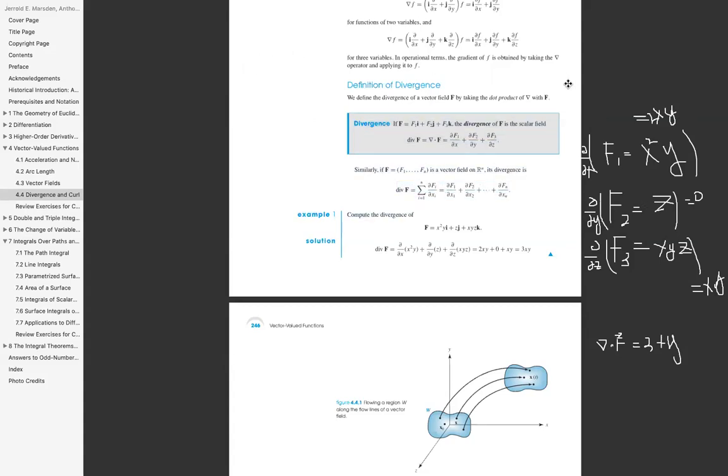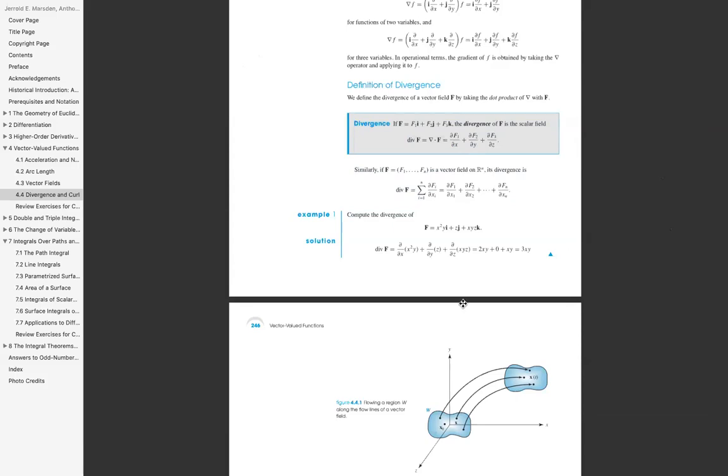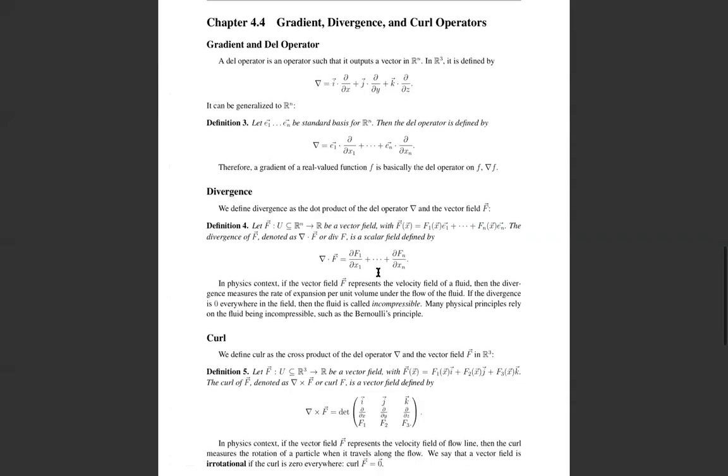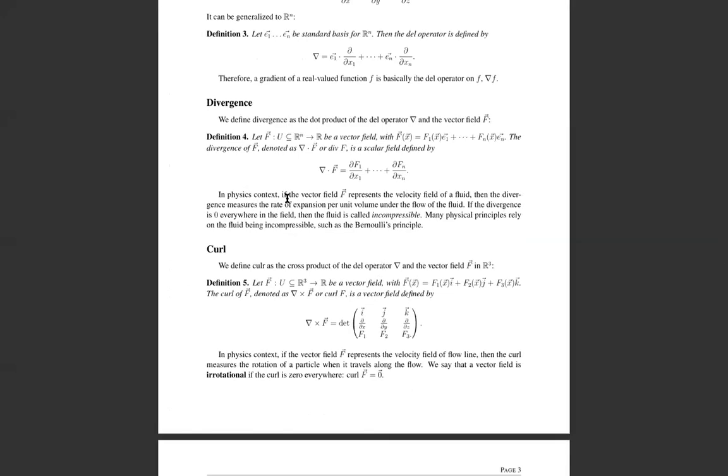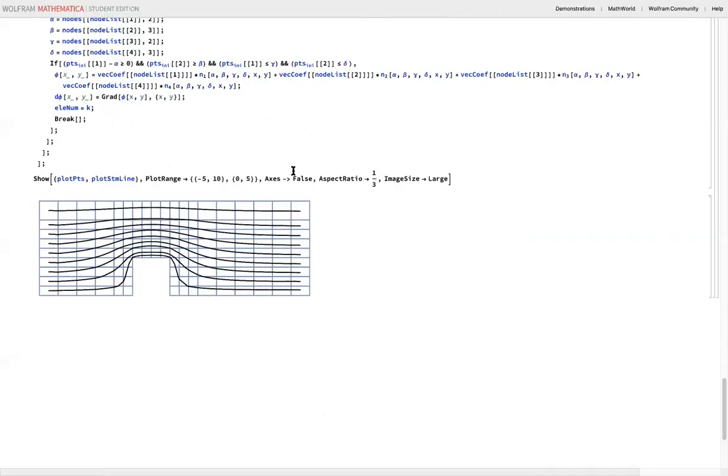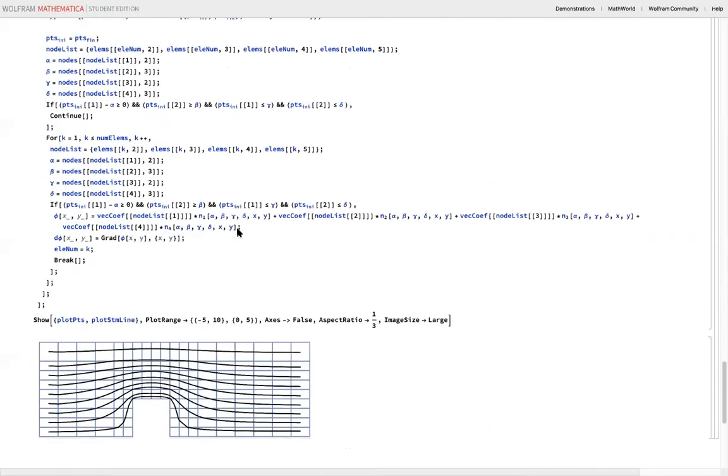So in a physics context, if the vector field represents the velocity field of a fluid, let's go back to the vector field here.